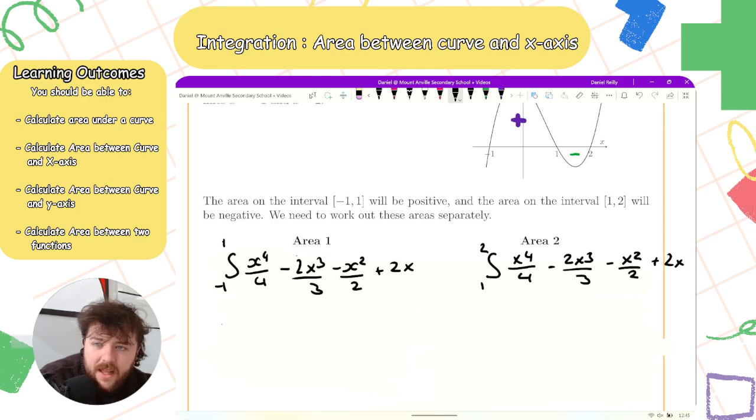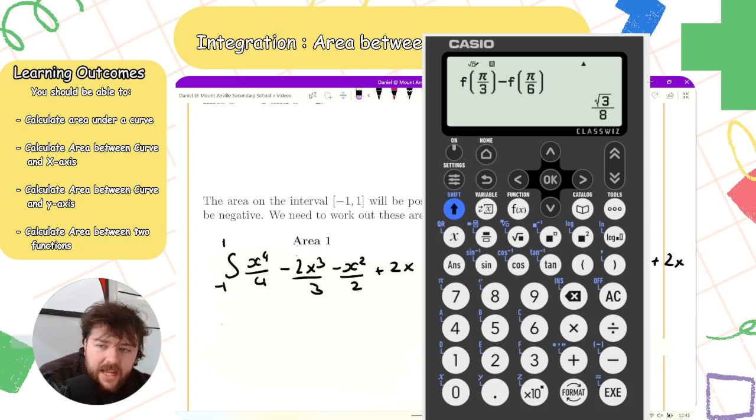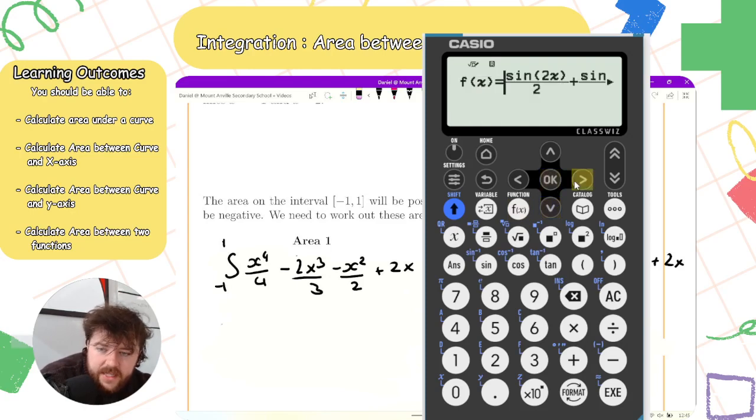So I'm just going to open up my calculator here. Let me type my function in. Let me clear all of this from a previous question.